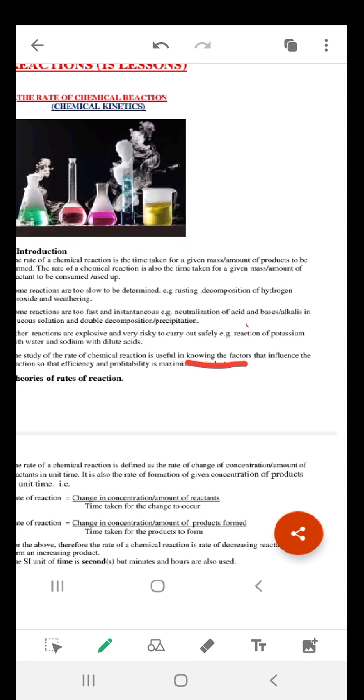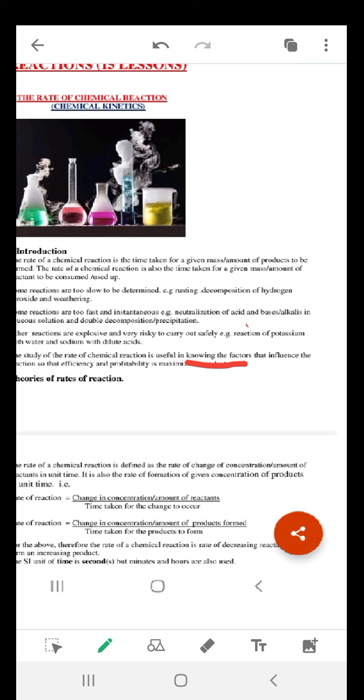So we say that the rusting has taken place. That's a chemical reaction. So rusting is an example of a very slow chemical reaction. And another example of a slow reaction is decomposition during weathering. So we have seen that.